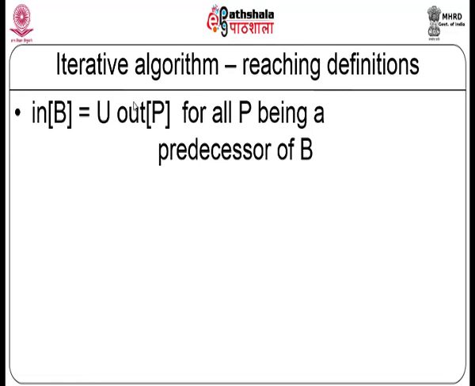So, in of B2 is computed as the union of out of P, where P is a predecessor block here, which in our example is block B1. But why am I looking at all predecessor blocks? Multiple blocks could come into a single block. So, I have to compute the union of all the outs to compute the in of the current block. That is why this is the definition which is going to be used in this particular module.